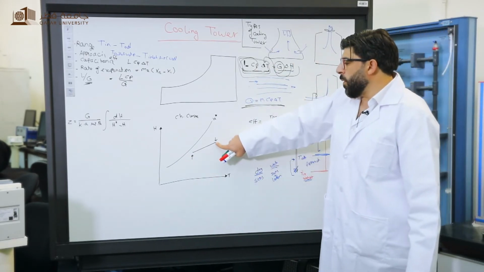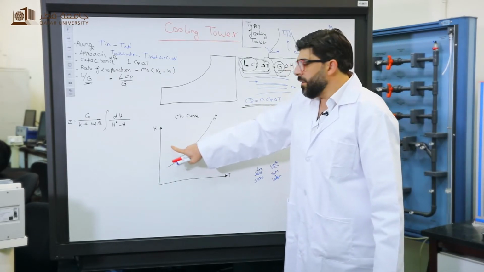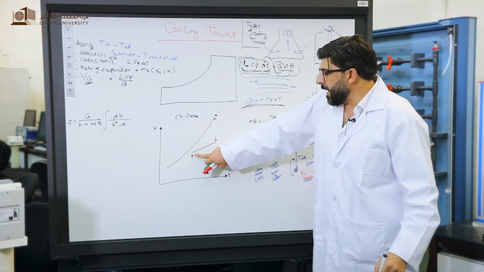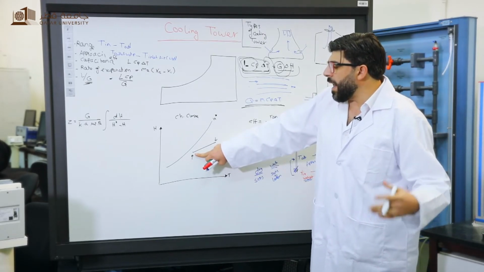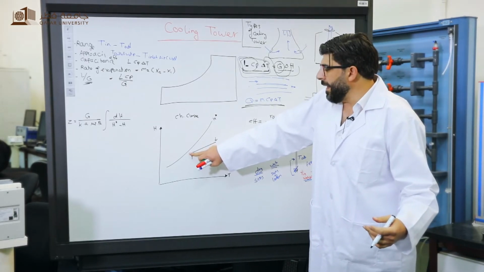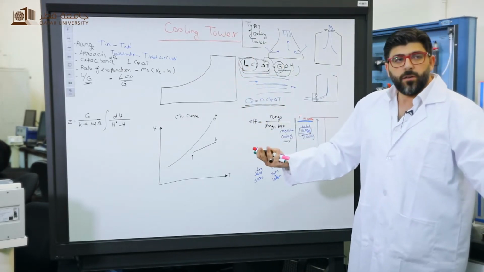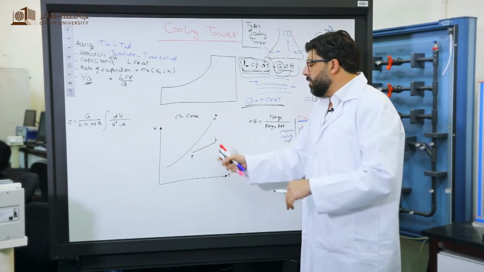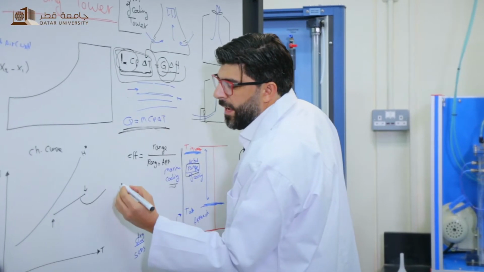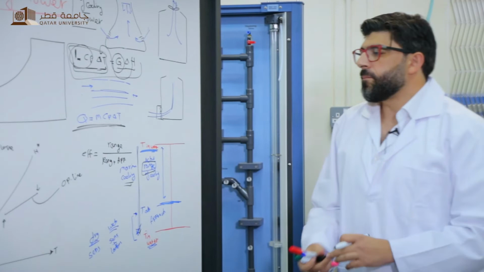The first point is the enthalpy of the outlet air and the temperature of the inlet water. The second point is the temperature of the outlet water and the enthalpy of the inlet air, because it's countercurrent: inlet water against outlet air, and outlet water against inlet air. This line is called the operating line of the cooling tower.